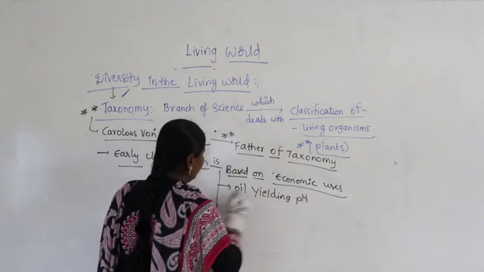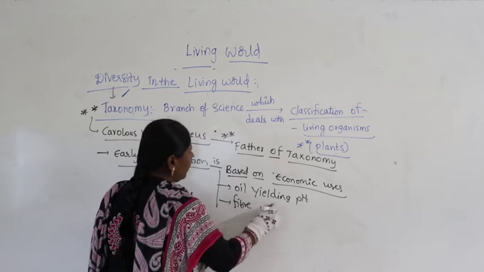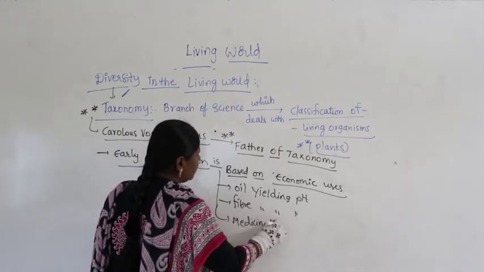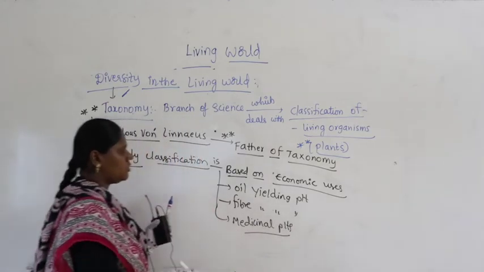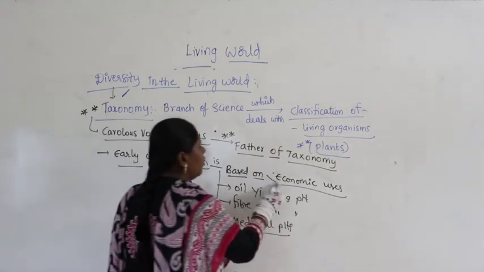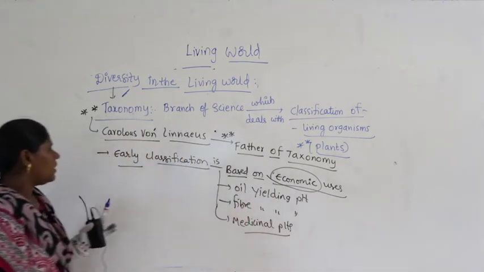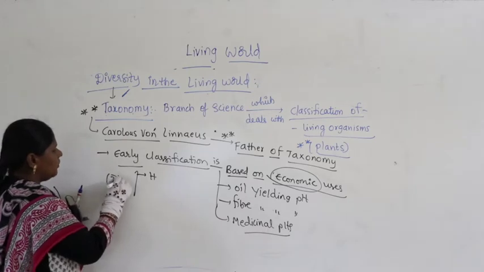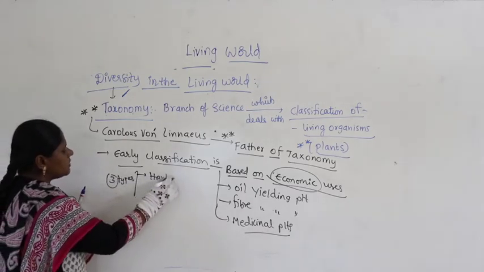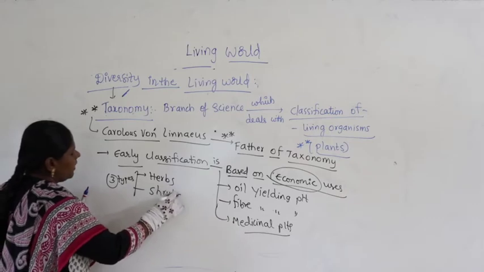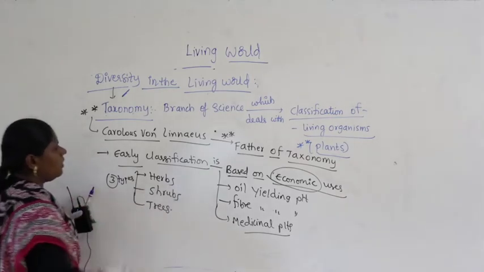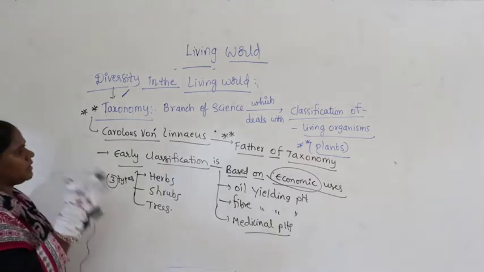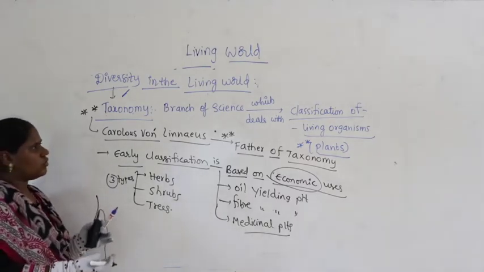If you get fiber from the plant, we call it a fiber yielding plant. If you get medicines, we call them medicinal plants, like that. Earlier classification was purely based upon economic uses. Later, Aristotle classified plants into 3 types: herbs, shrubs, as well as trees. So, slowly there was an improvement in the classification of organisms.